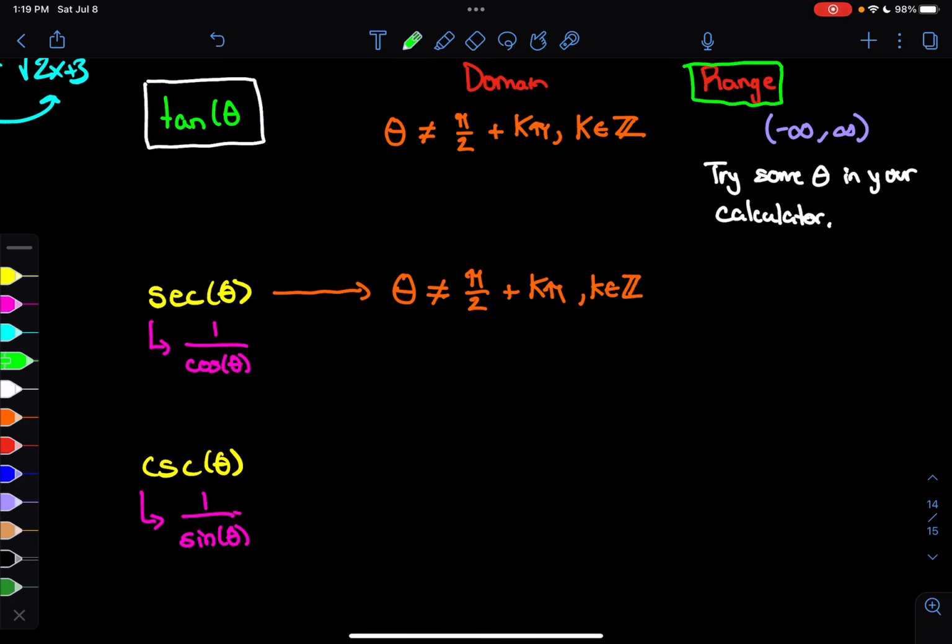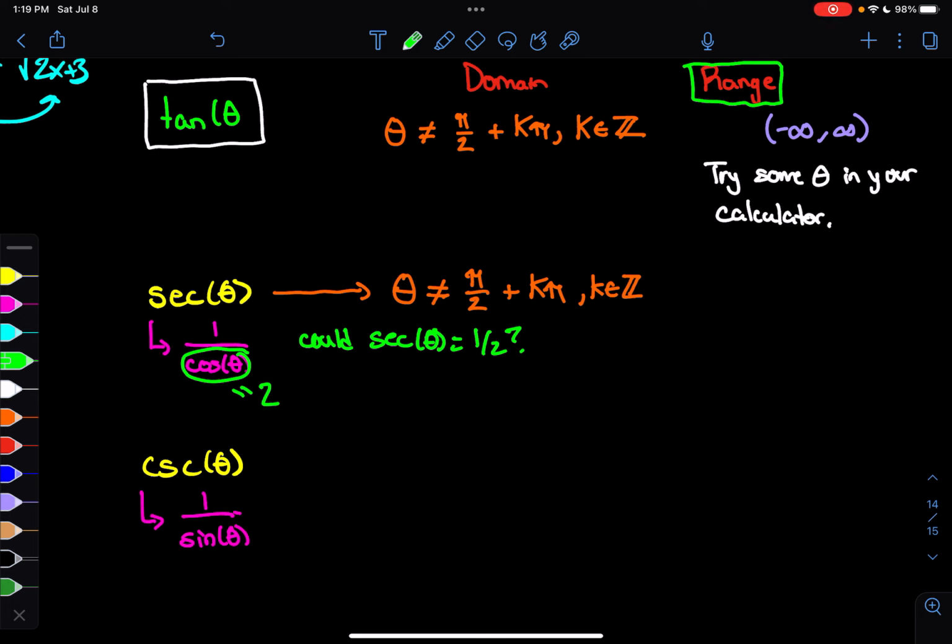Well, can I get a fraction? Right? Could secant of theta equal 1/2? Right? Can it equal 1/2? Well, in order for it to equal 1/2, cosine of theta would have to equal 2. Which we know is not possible, right?